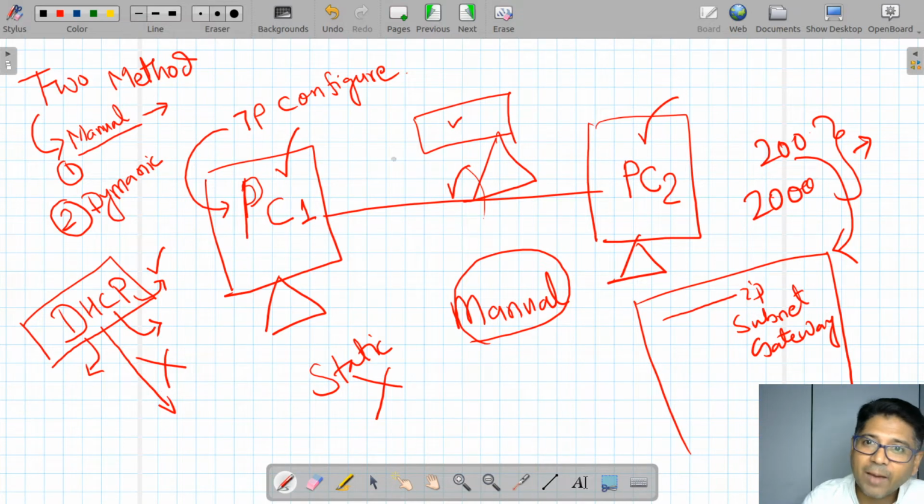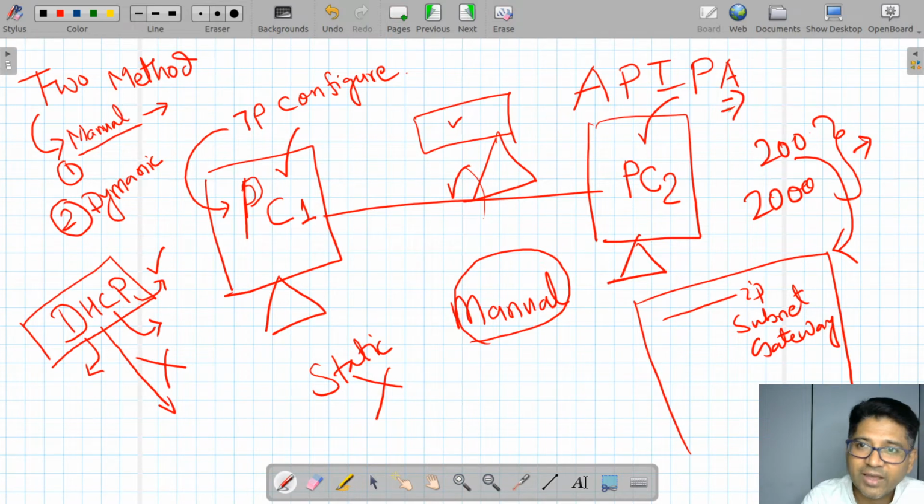There is something called APIPA. What is APIPA? A for Automatic, P for Private, IP for Internet Protocol Addressing. APIPA. This is a very good role.